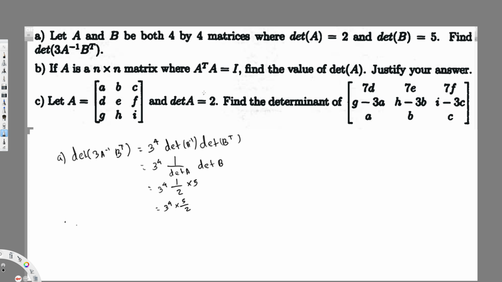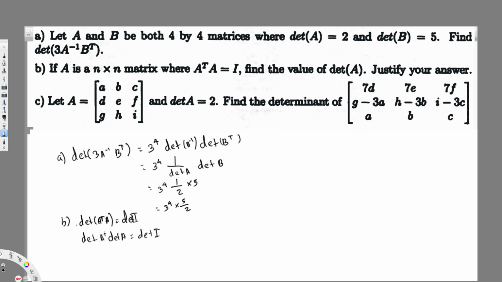If A transpose times A is equal to I, it means determinant of A transpose times A is equal to determinant I. Now I can simply separate: determinant A transpose times determinant A is equal to determinant I.